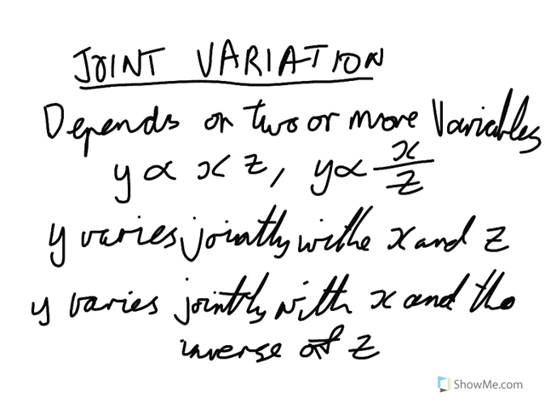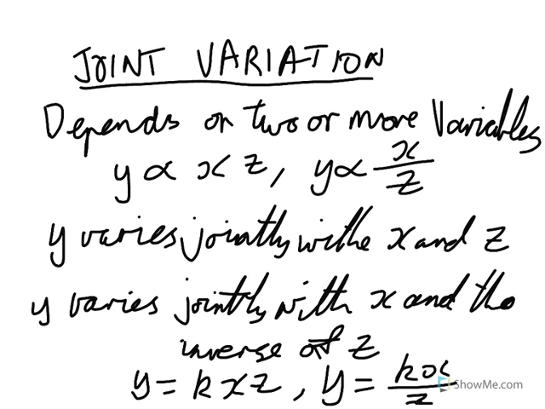So things like that. Of course, we still have the usual: if that's the case, it's y equals k times xz, and y equals kx over z for those two examples above. So joint variation is essentially like that.